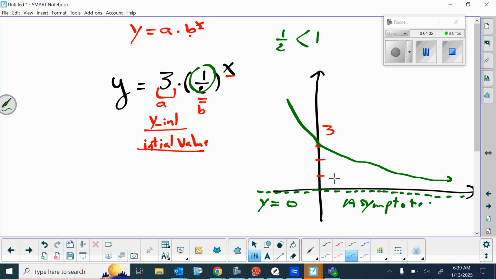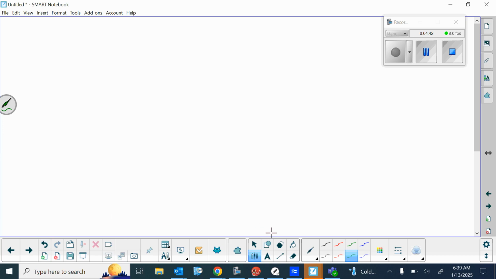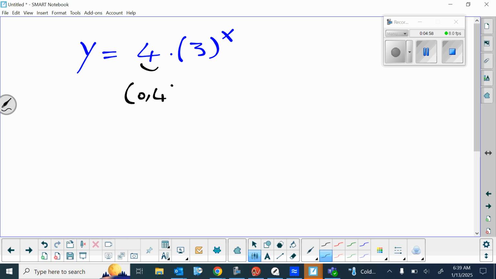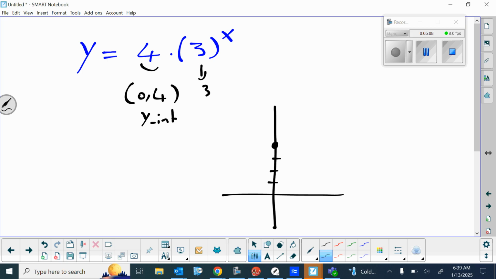So something you have to know about the exponential: the asymptote is the line that the graph does not cross. I'm going to give you another example, and make sure to take notes. So I have 4 times 3 to the x power. In this case, the y-intercept is (0, 4). So my graph would cross the 4, 1, 2, 3, 4, and the 3 is your b.